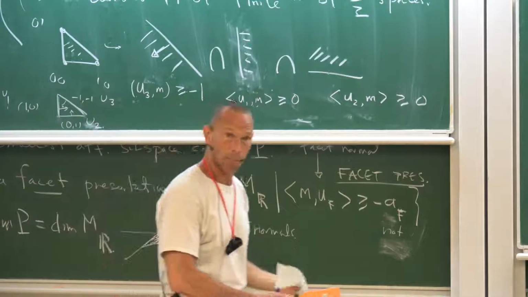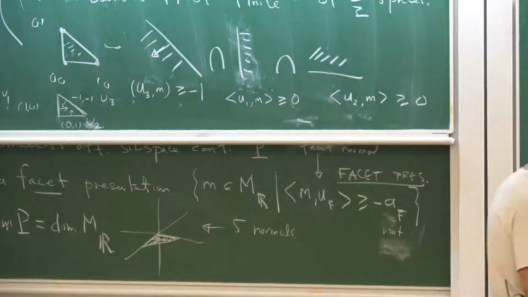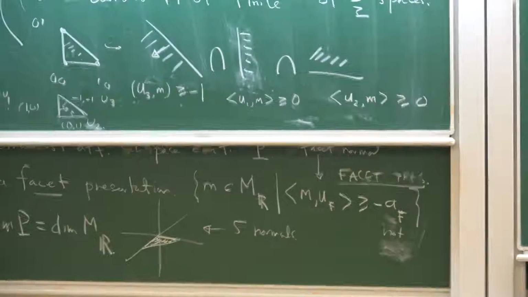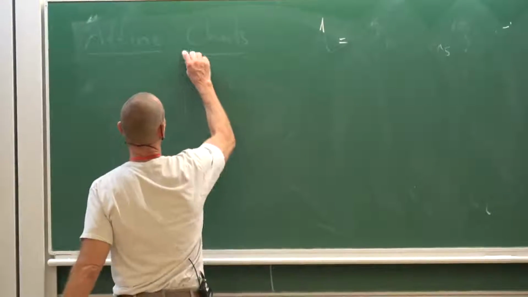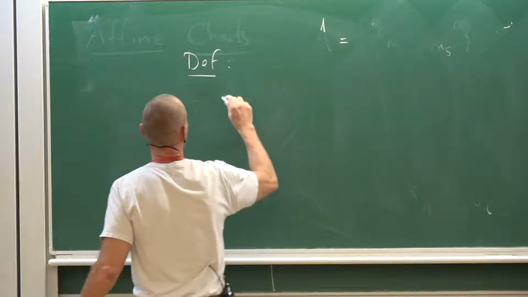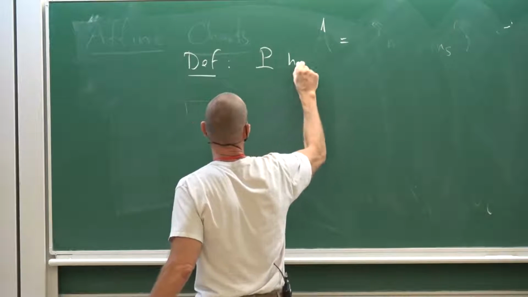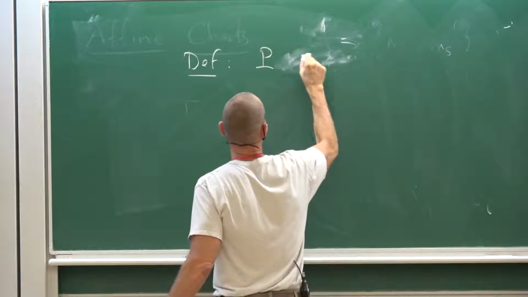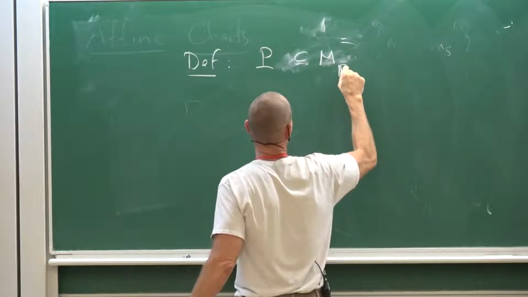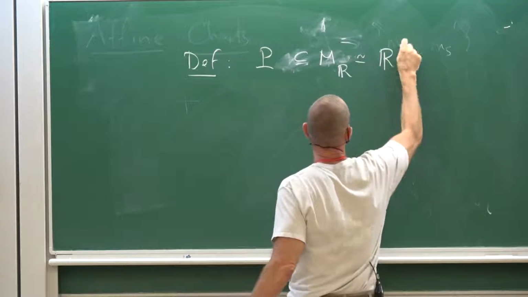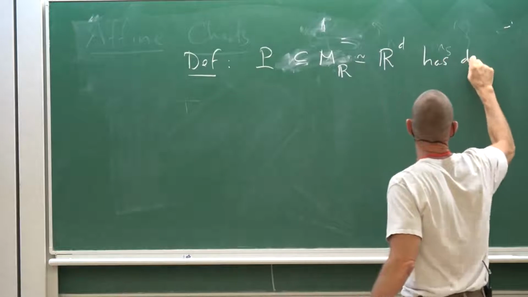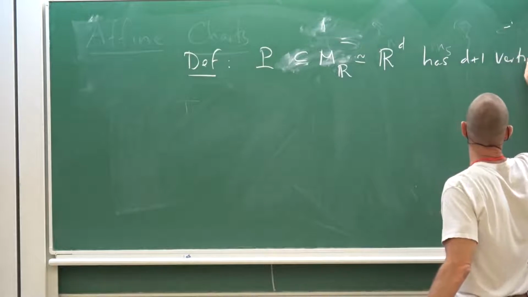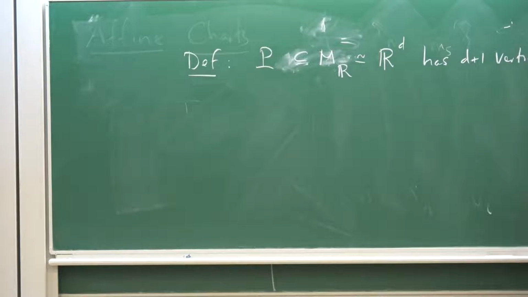So 3 last operations. You guys are trying to make me run overtime. Simple and simplicial. Definition: if P contained in R^n has n+1 vertices, P is a simplex.